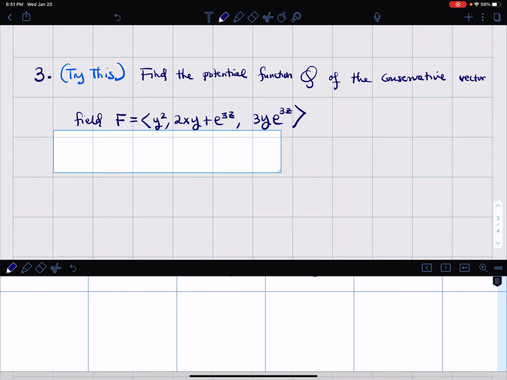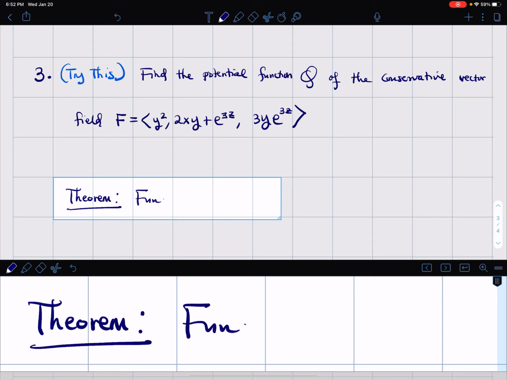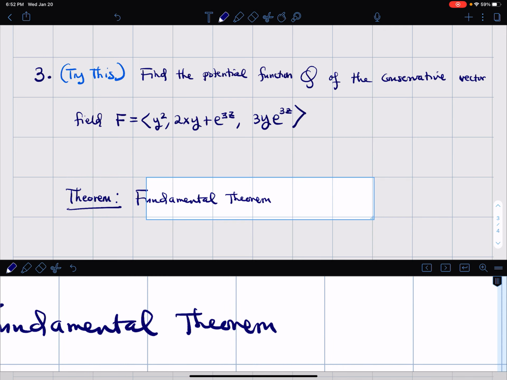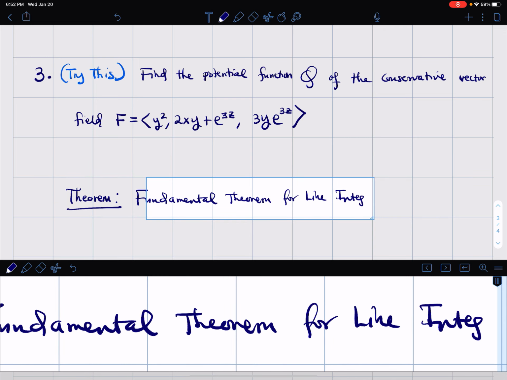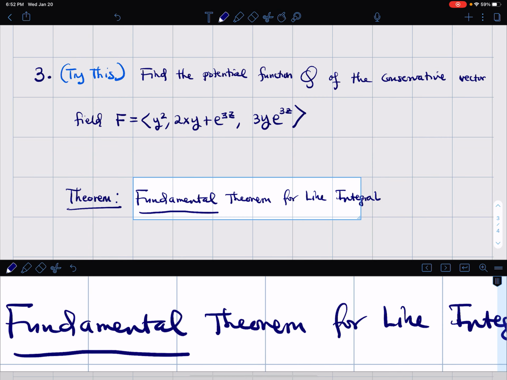Okay. We're going to state another theorem that is going to be very, very important to us. This is the fundamental theorem for line integrals.